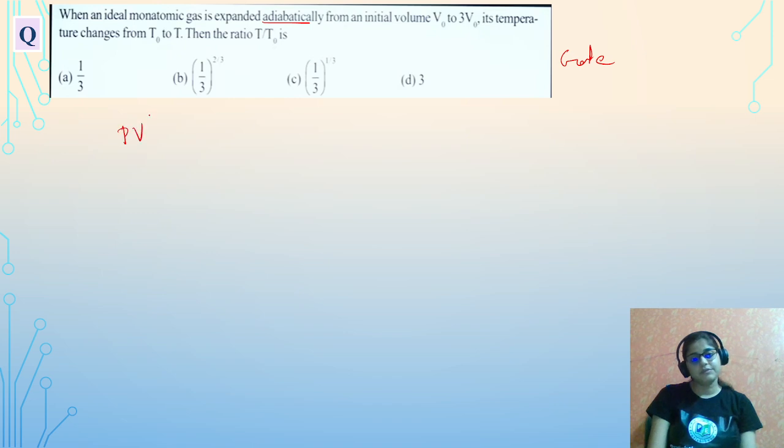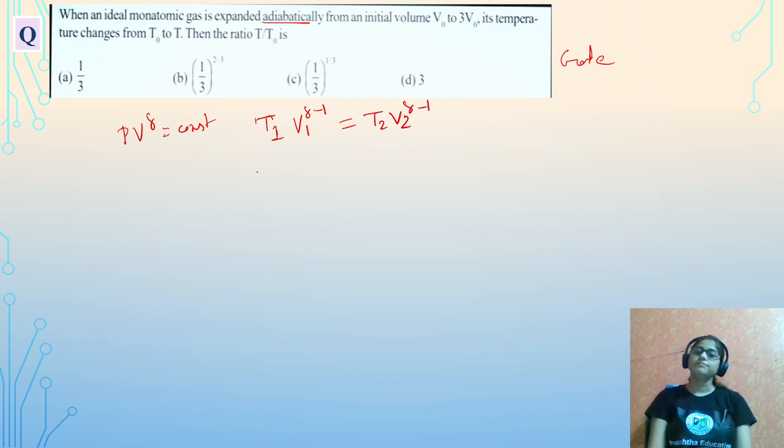So PV to the power gamma equal to constant is there, and another form was T1 V1 to the power gamma minus 1 equal to T2 V2 to the power gamma minus 1. This was another form, right?